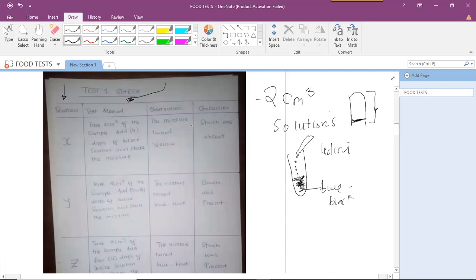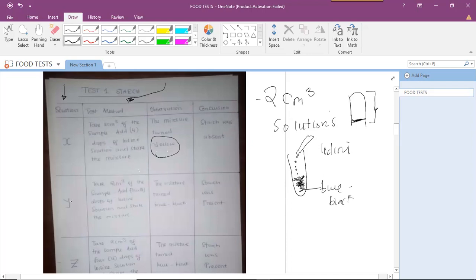So again, you have to write your solution there. Take 2 cubic centimeters of the sample or the specimen, add 4 drops of iodine solution and shake. So you have to shake for you to form that iodine amylose complex. If the solution turns yellow, it means starch is absent.